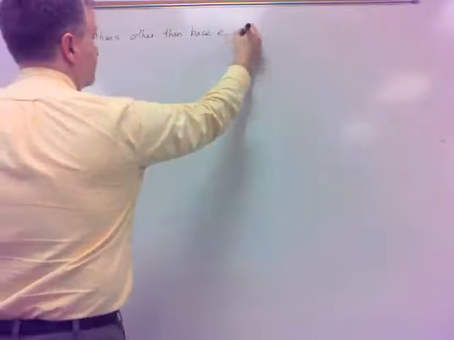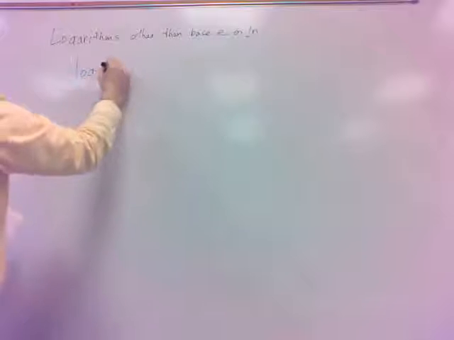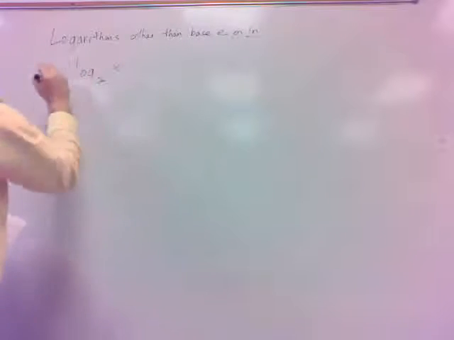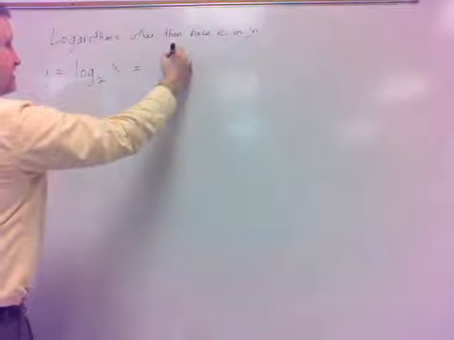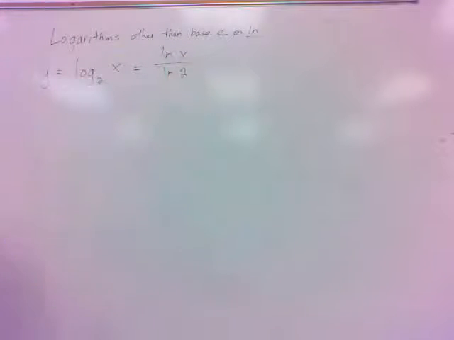If I've got log base 2 of x, let's say, y equals log base 2 of x, can't I very easily change that over to ln? What would that be in ln terms? Well, by the change of base theorem, it's ln of x over ln of 2.